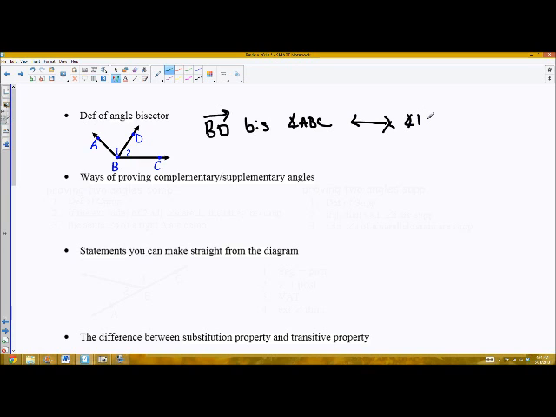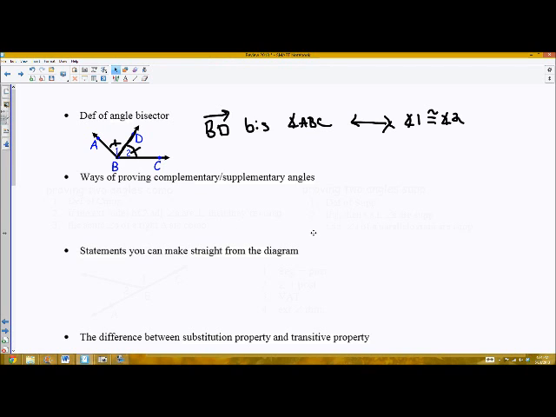So that would be angle 1 is congruent to angle 2. So this ray BD is cutting this entire angle into two congruent halves. Okay, so that's the definition of an angle bisector.